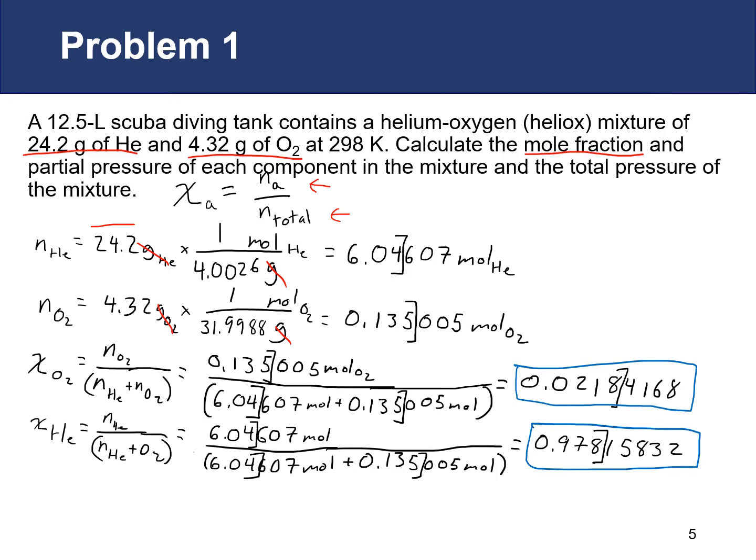The next part we want to do is find our partial pressures. So we can use our ideal gas equation to find the pressure for oxygen.